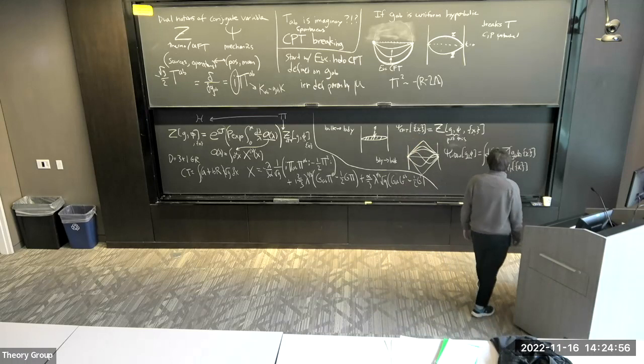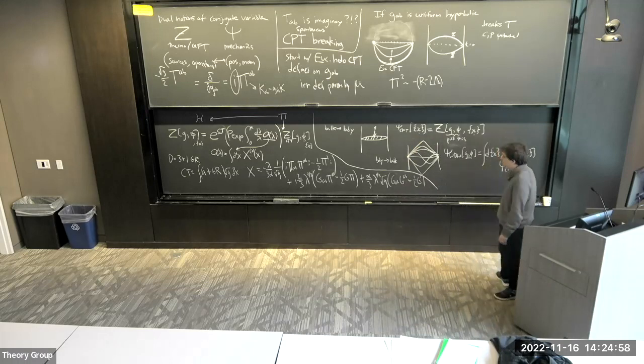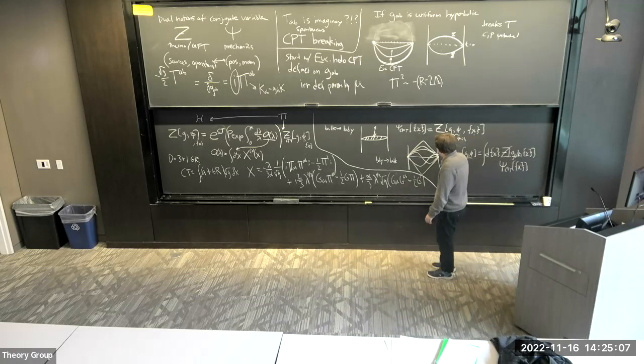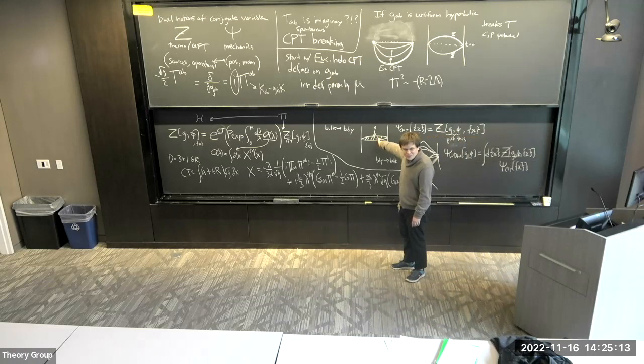And so one thing you might notice is these maps aren't exactly inverses of each other. Because this map always gives you a state that obeys the Hamiltonian constraint equation, whereas here you start with arbitrary data.